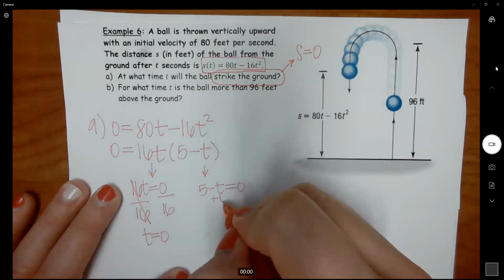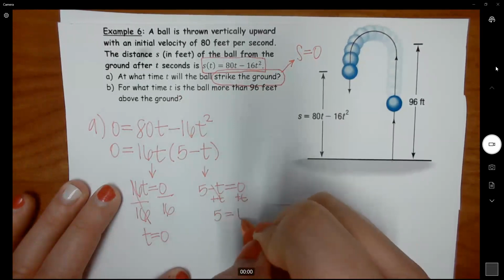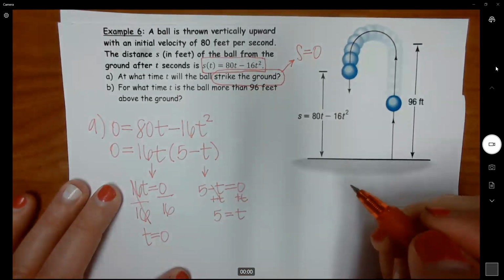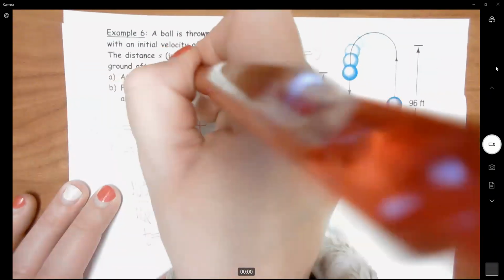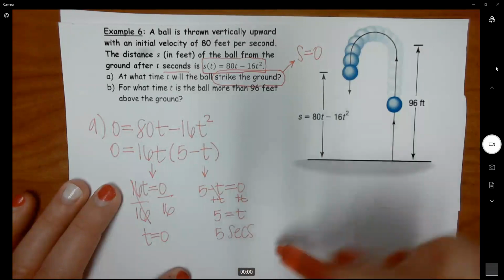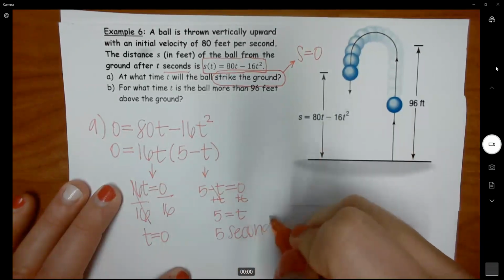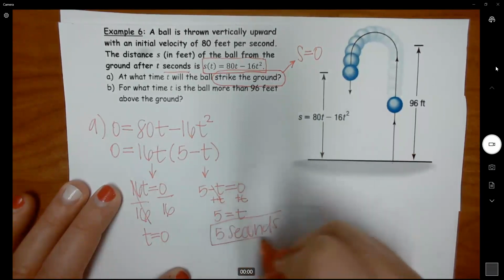So we'll add our t over, and we get 5 equals t. So when will this strike the ground? Well, we are in the unit of t seconds. So in 5 seconds.